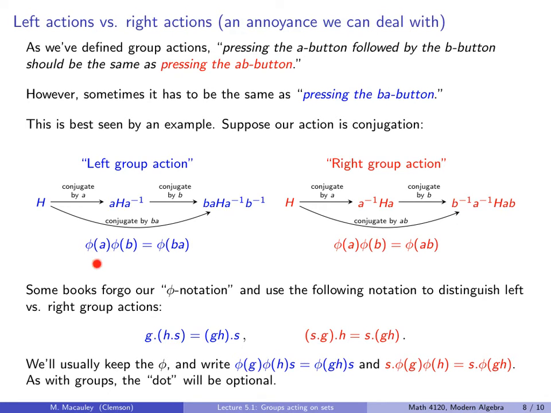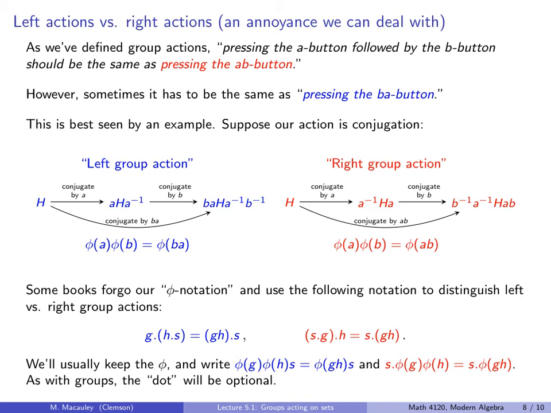But I also like this notation up here because it really gets the point across that phi of A is a permutation. So I will often do a little mixture of these notations. I will write things like, instead of G.H.S, I will write phi of G times phi of H times S. So we're starting with S and we're applying phi of H and we're applying phi of G. That's the same as phi of GH applied to S. But if it's a right group action, I will write S and then dot phi of G dot phi of H, and it's understood that that is the same as S dot phi of HG.